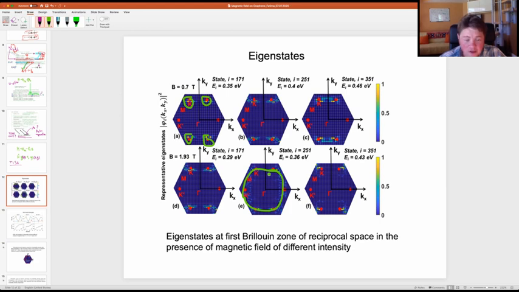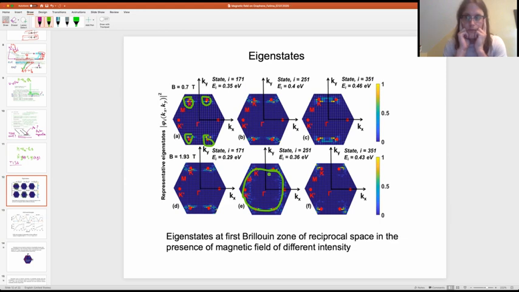So how do these figures relate to the dispersion cones that are shown as an example in figure 1? Like how do these states relate to those?